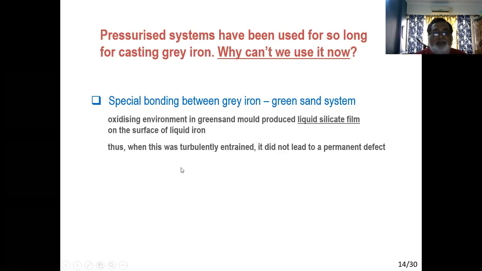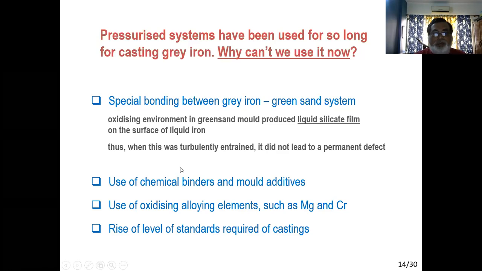But the problem is, nowadays we no longer use the green sand system. To have quality casting, we use chemical binders, and we use lots of mold additives. These additives and chemical binders do not help with the protective effect that we usually find in the green sand system.